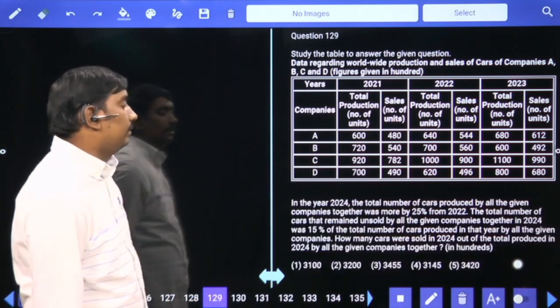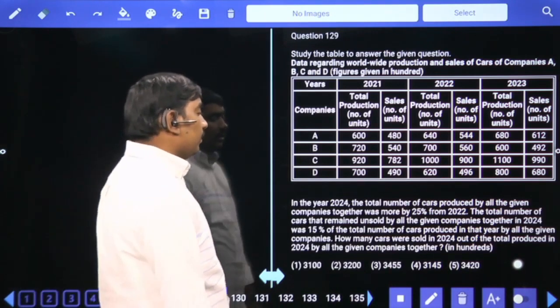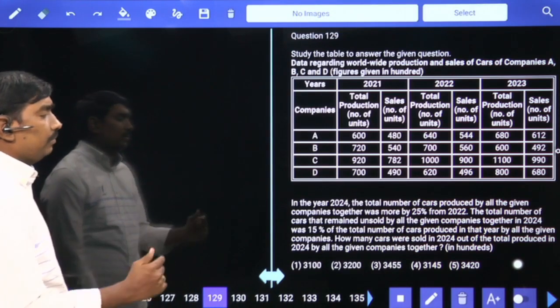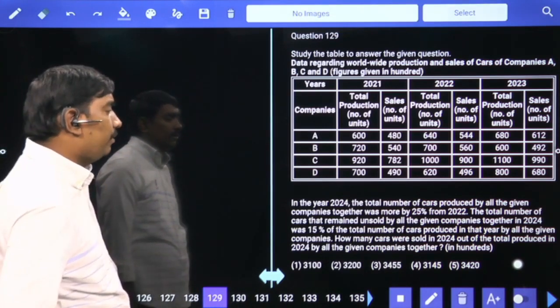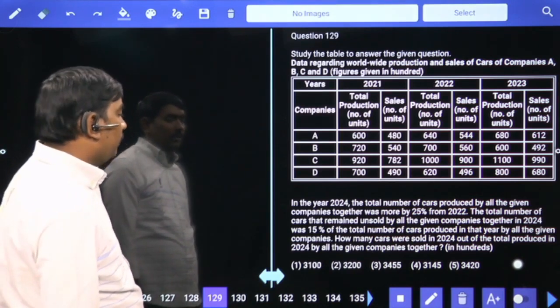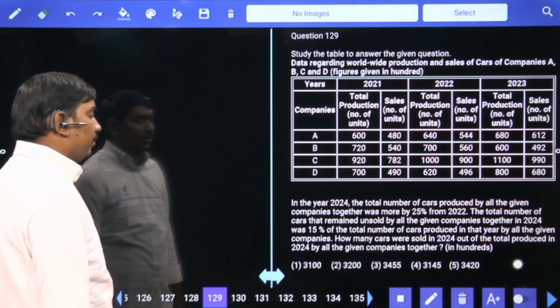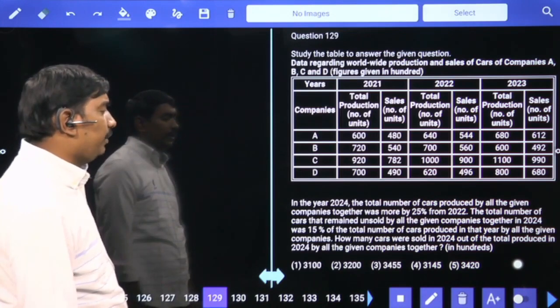Next. In the year 2024, the total number of cars produced by all the given companies together were more by 25% from 22. Total number of cars that remained unsold by all the given companies together in 2024 was 15% of the total number of cars produced in that year.